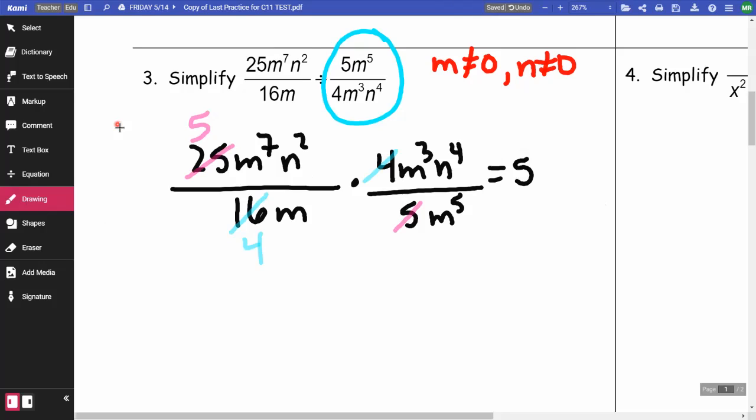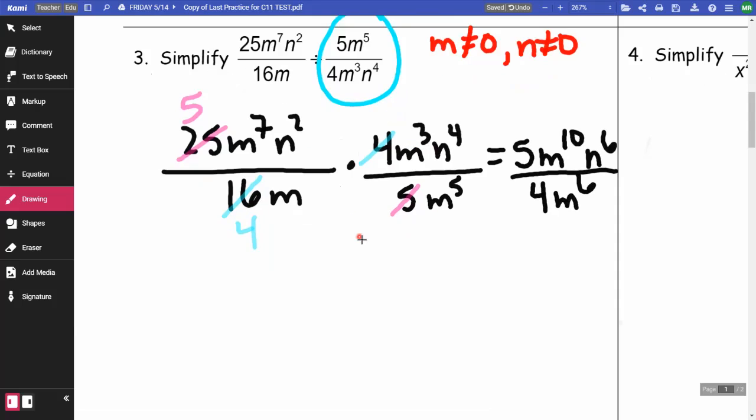Now for my m's, I have m to the 10th on top because I have 7 right here, and I have 3 here, so that becomes 10. And then n to the 2nd and n to the 4th becomes n to the 6th over, and on bottom I have a 4m to the 6th because I have this m and this.